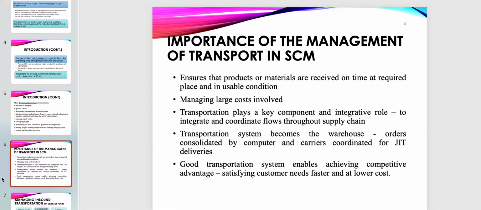Then the transportation system itself becomes the warehouse, because orders get consolidated and there are carriers that coordinate and make sure that deliveries are made just in time. So JIT is just in time deliveries. A good transportation system enables us to achieve competitive advantage, which is satisfying customers at lower cost.